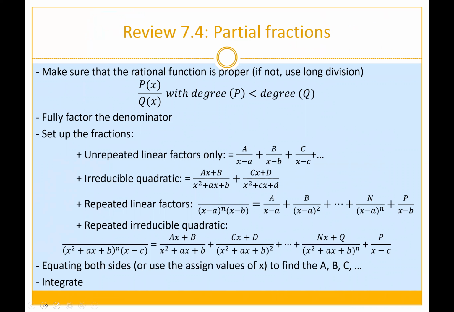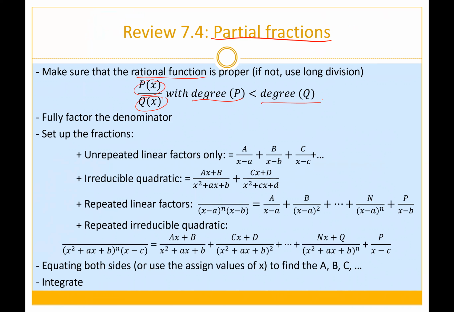Now we're going to move on to section 7.4, partial fractions. And so partial fraction is used when you have a rational function in the form of p(x) over q(x). These are two polynomials, but we can only use partial fractions when the highest degree in p is smaller than the highest degree in q.